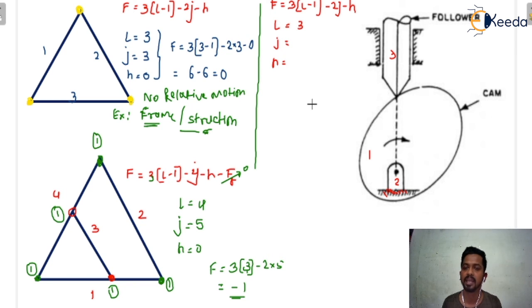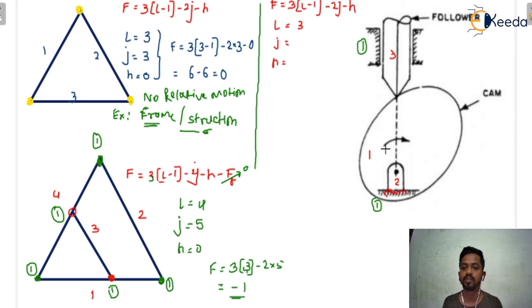And how many joints are there? That is binary joints, that is 1, and that is second, because there is also a joint. See, I am saying that when you count the number of links, the fixed link is calculated once. When you calculate the number of joints, if there are a number of fixed joints, calculate the fixed joints as well.